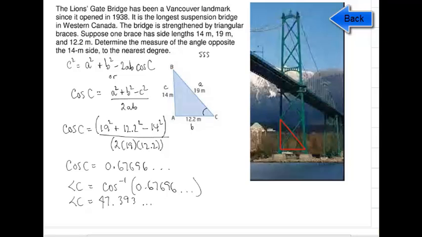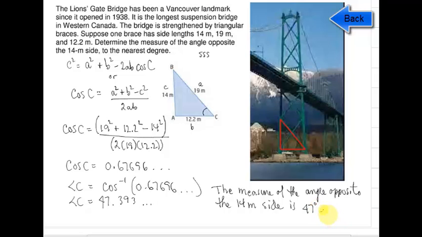Okay, and so the measure of the angle opposite the 14-meter side is 47 degrees to the nearest degree.